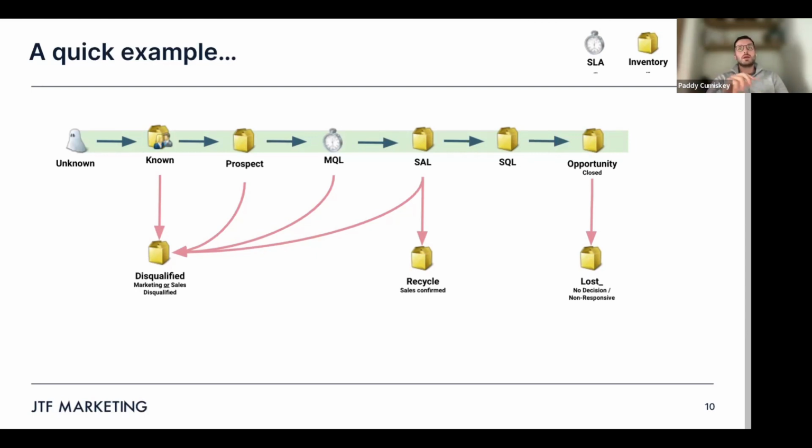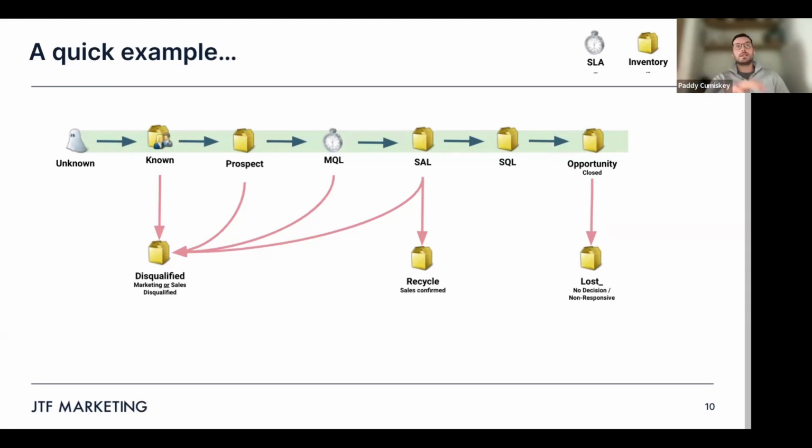And just to quickly cover those for anybody that's not aware, the stage types that are really often used are an inventory stage, and that's that box icon that's used across the majority of the stages. And that's just your typical stage, a box that you're putting people into.